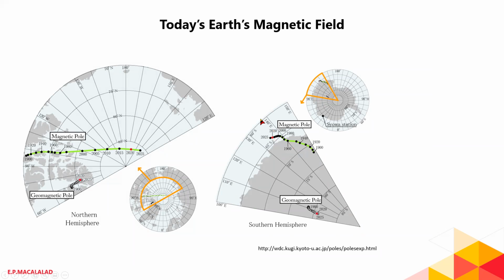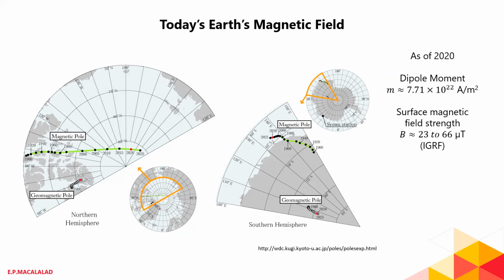Okay, so as of 2020, the dipole moment of the Earth's magnetic dipole is about 7.7 times 10 to the 22 amperes per square meter. And on the average, this is the surface magnetic field strength. The current models peg it at about 23 to 66 microtesla.